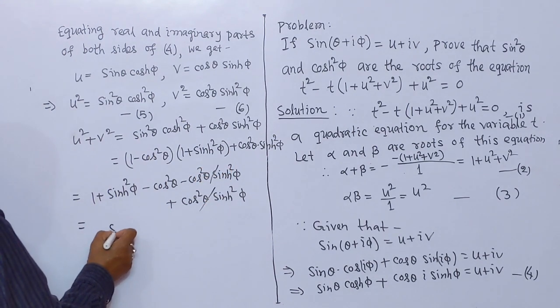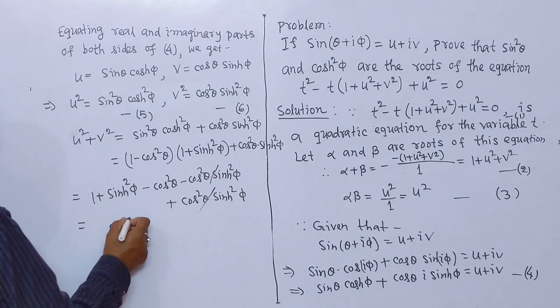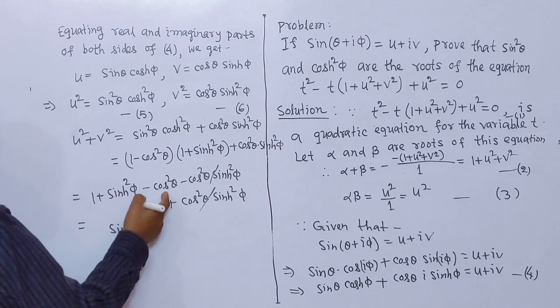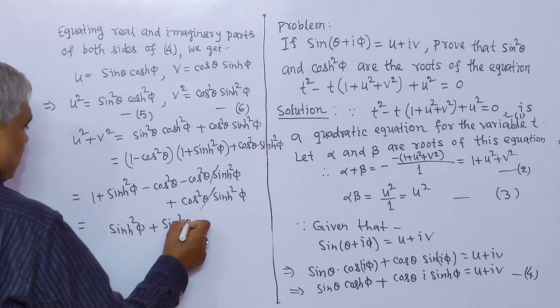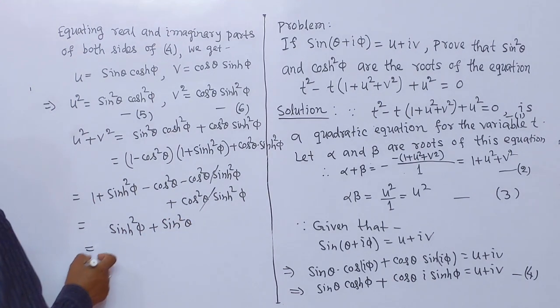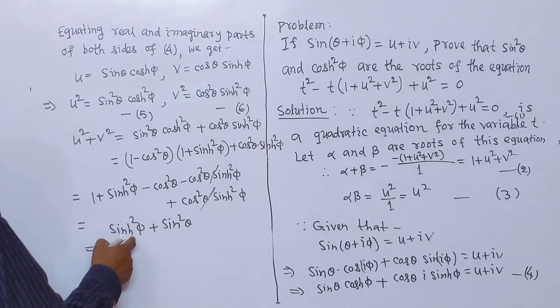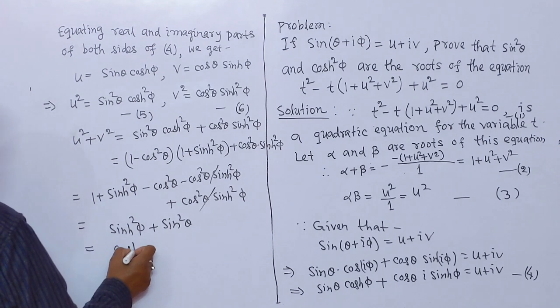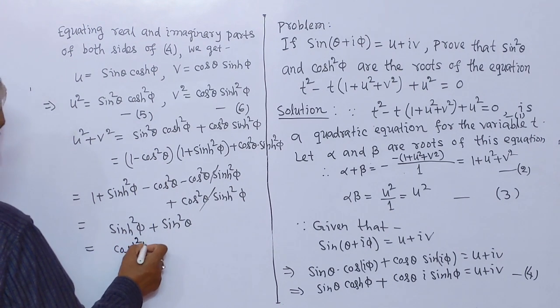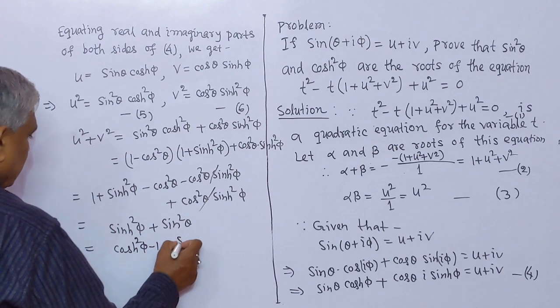This is equal to sinh square phi. 1 minus cos square theta is sine square theta, and sinh square phi is cosh square phi minus 1 plus sine square theta.